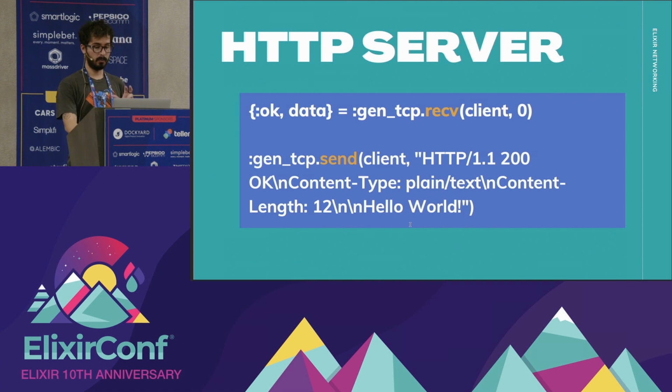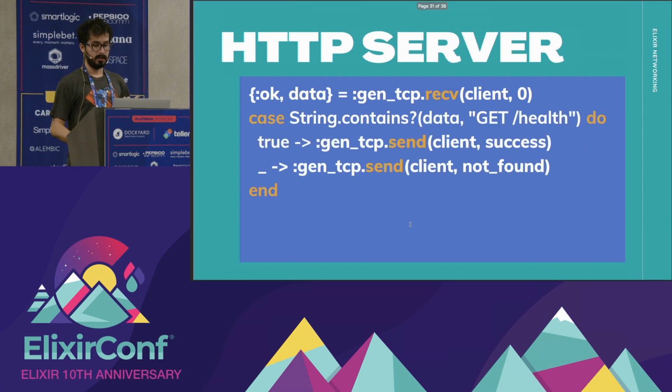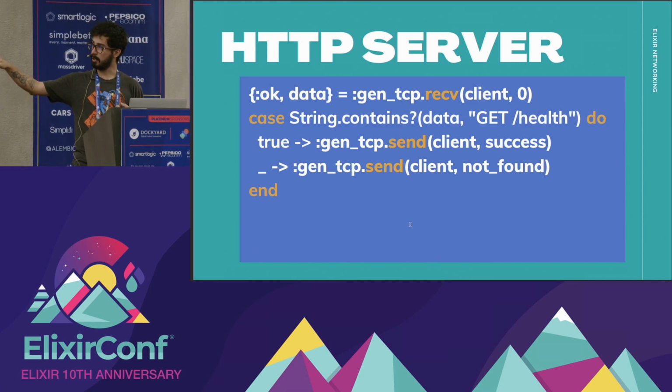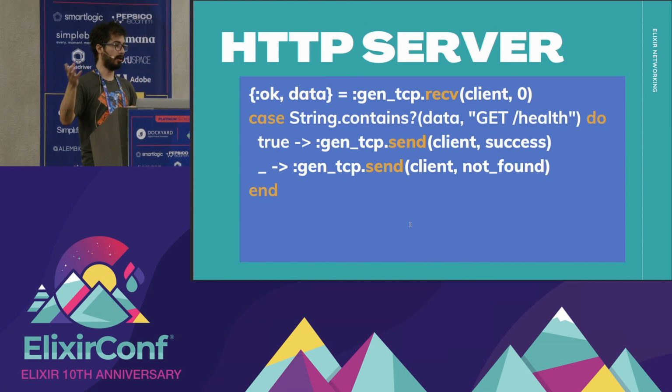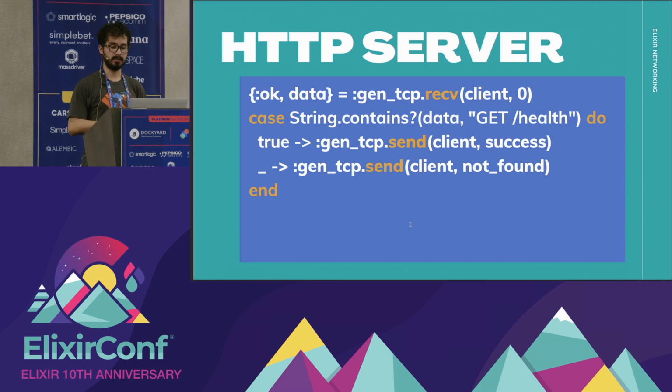And what we could actually do here, for example, let's say that we want to implement some health check endpoint. We could receive the data, and I'm just using string contains to see if there is the GET /health, but you could probably split the data that we saw before into line breaks and have a double line break to understand what's the body and what's the header of the request.